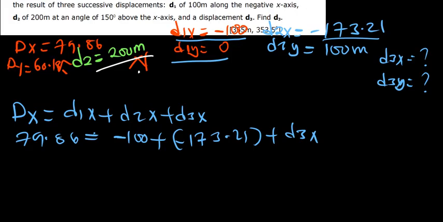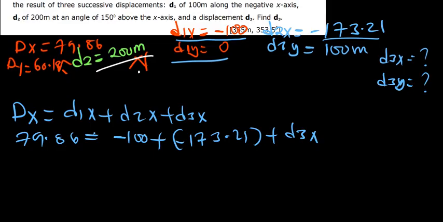So I have to add these two. So let's add them. So we have negative 100 minus 173.21, like that.